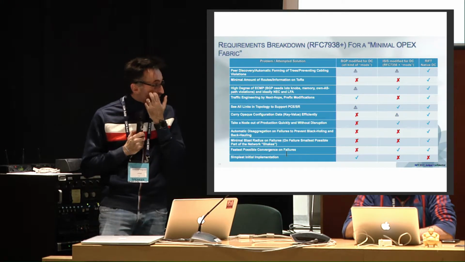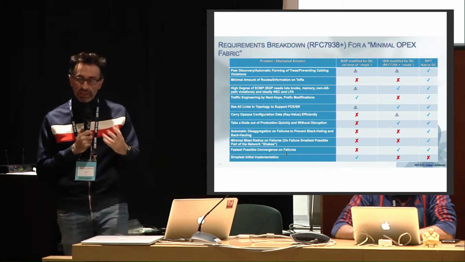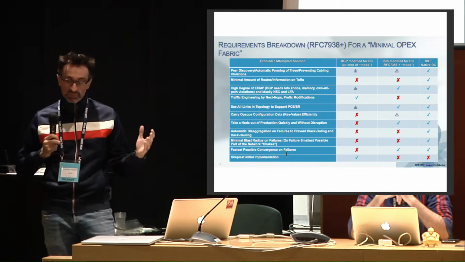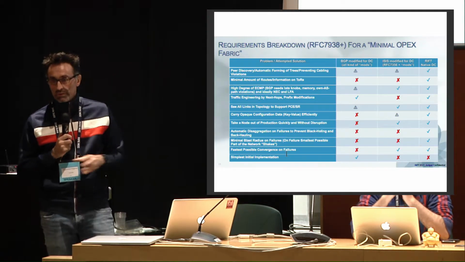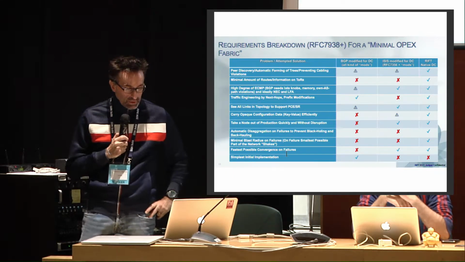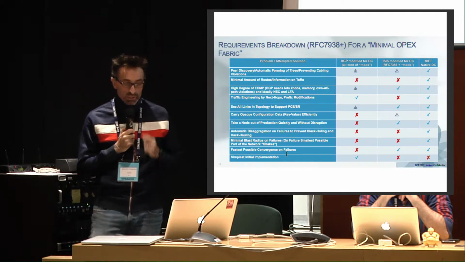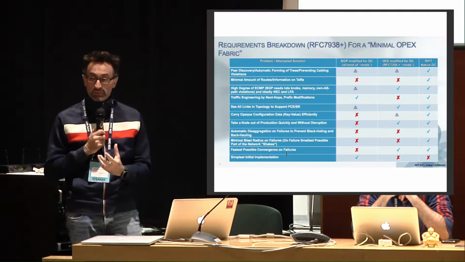So if my data center is made of a single level, a single ISIS level, then the blast radius is basically all the data center devices. With Rift, we will see that in case of failure, the blast radius is 1 hop. So it's minimal, okay?